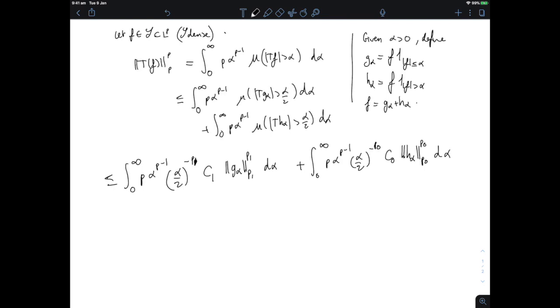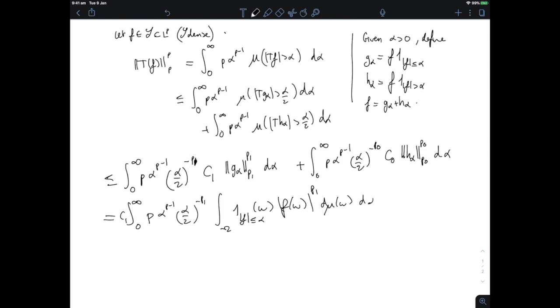So making all of this explicit, it's p alpha^(p-1) (alpha/2) to the minus p1, so constant C1, let's put that at the front. And then there's an integral over omega of the indicator function of f being smaller than alpha times f of omega raised to the power p1, d mu omega, d alpha.